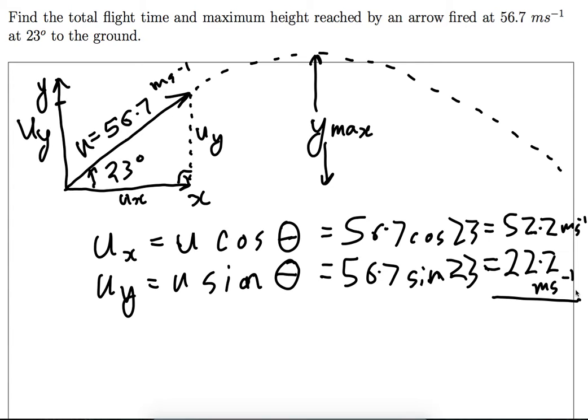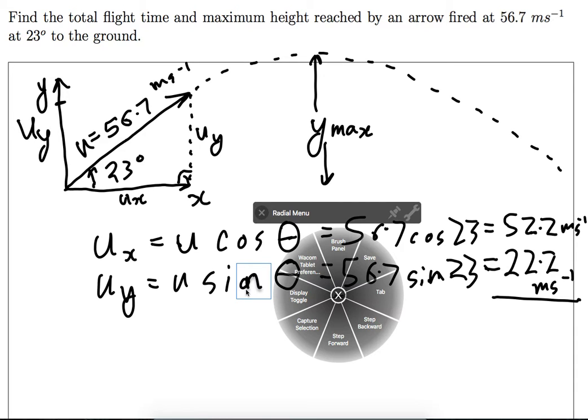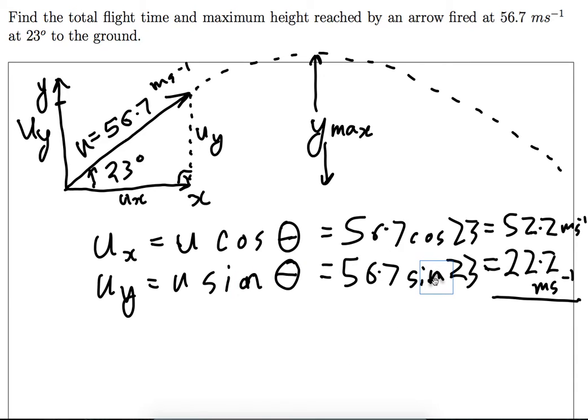To find the time, the trick with this is to divide the travel, the flight, into two pieces, because it goes up and then it goes down. It's under constant acceleration, so it ends up that the two halves are the same length.